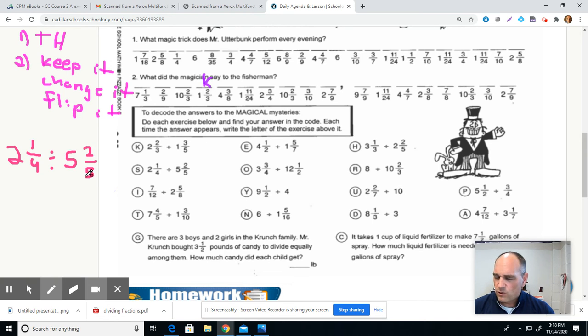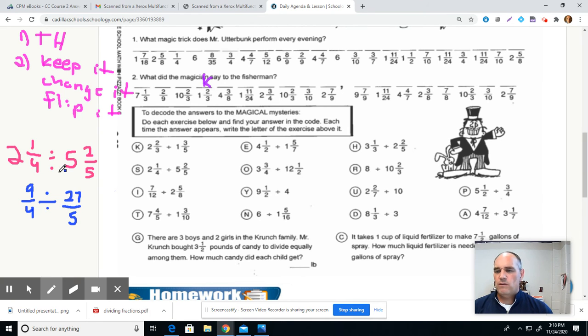No matter whether I'm multiplying or dividing, step one is we need to make them top heavy. So 2 times 4 is 8, plus 1 is 9. So this becomes 9/4 divided by 5 times 5 is 25, plus 2 is 27, so this becomes 27/5. All I did is make everything top heavy.